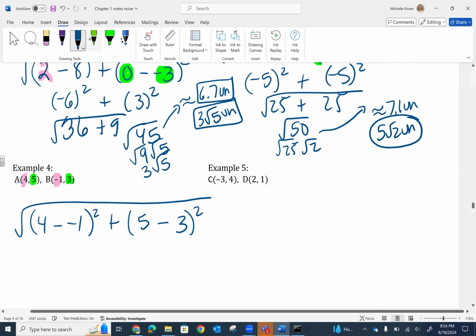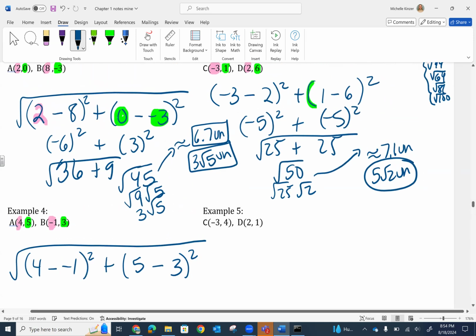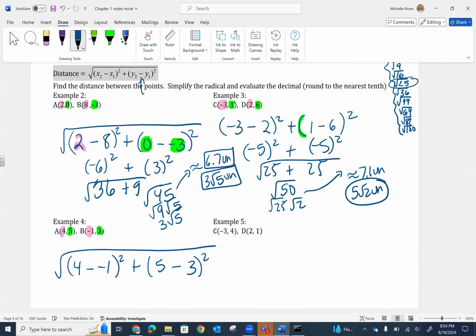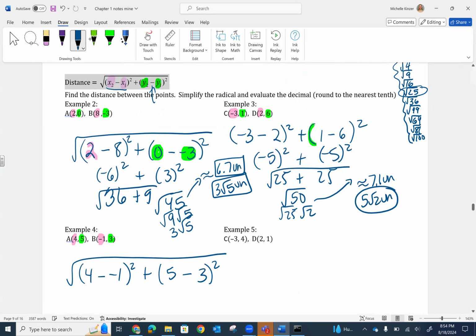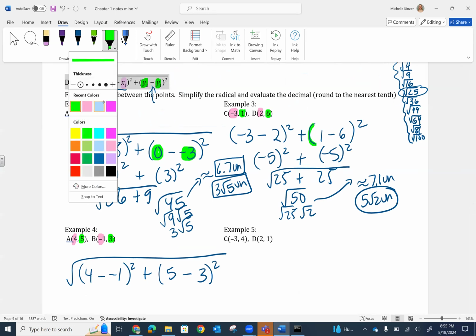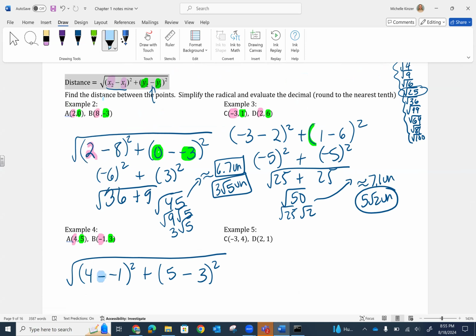Again, we're looking at that formula that's up here, okay? The formula says, I'm trying to zoom in a little bit, put down both x's and add that subtraction sign. I'm going to highlight that subtraction sign. That's this one right here. So both those locations, the 4 and the -1 go there. And then the 5 and the 3 go here. And then you have to add the subtraction sign between those two locations.